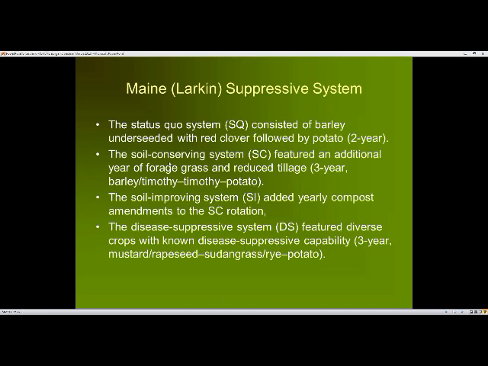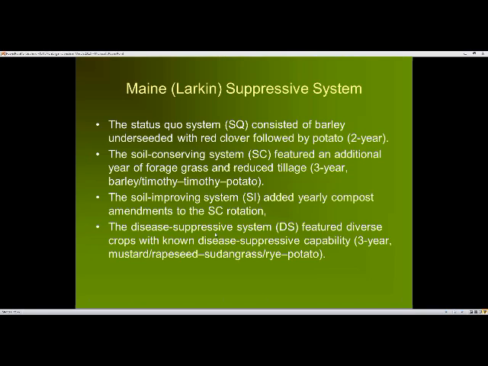So they designed a soil conserving system that featured an additional year of forage grass and reduced tillage, and that was a 3-year system with barley, timothy, followed by potato. Then they added yearly compost amendments to that soil conserving system to develop a soil improving system.